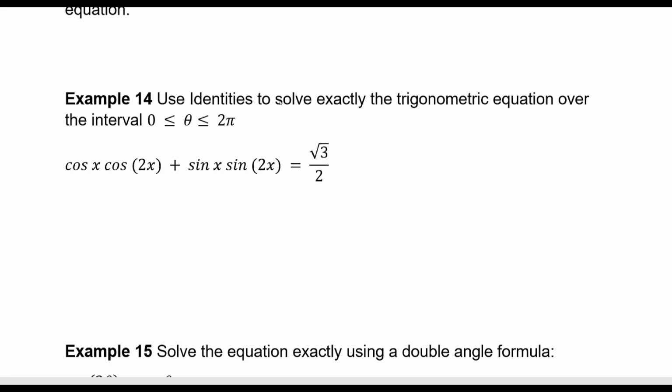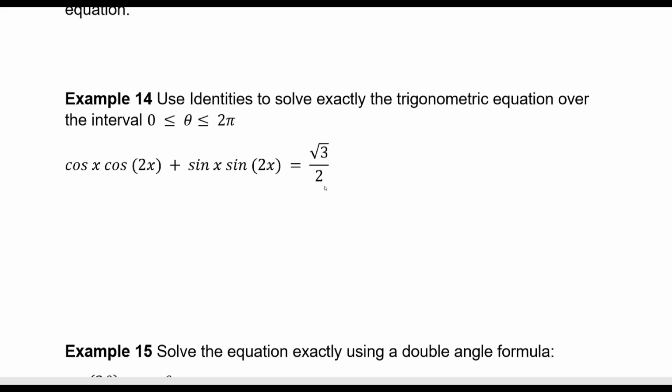So I use identities to solve exactly the trigonometric equation over the interval from 0 to 2 pi. And we have cosine x cosine 2x plus sine x sine 2x. And this matches up with one of our formulas, the difference formula.